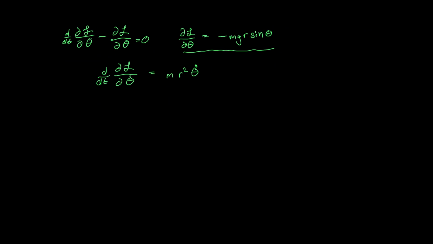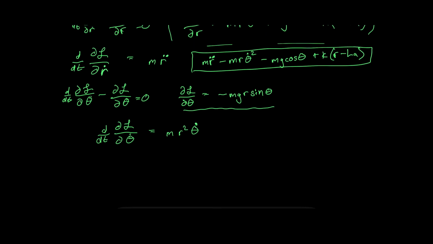So the chain rule makes this 2 m r dot theta dot, plus m r squared theta double dot. And now we have the two terms.